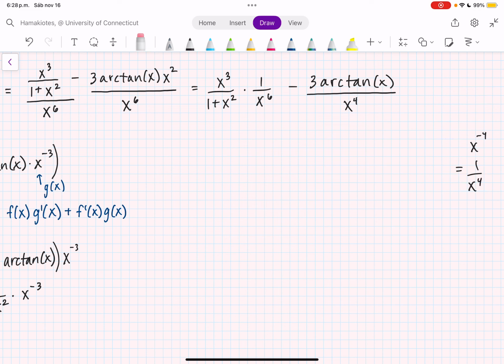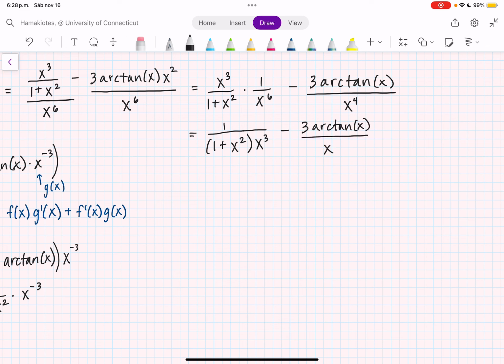Great. Now we can do the same thing on the left here, because we have an x cubed and an x to the 6th in the denominator. So this becomes 1 over 1 plus x squared times 1 over x cubed minus 3 arctan of x over x to the 4th.